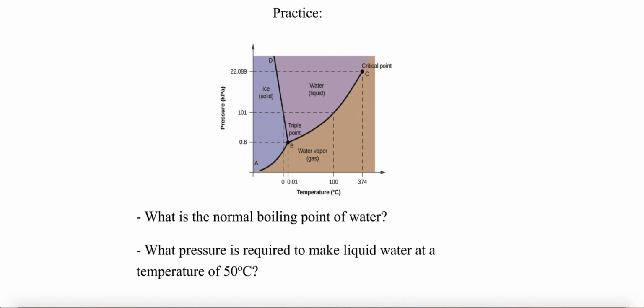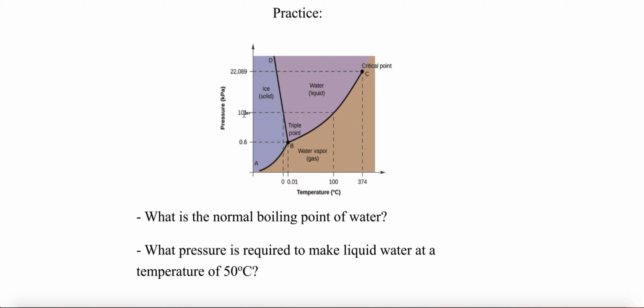So here are some examples of what you could be asked. With a phase diagram, one question could be, what's the normal boiling point of water? Knowing that, the normal boiling point means at a pressure of 1 atmosphere or 101 kPa. So when the pressure is 101 kPa, we're looking for the boiling point.